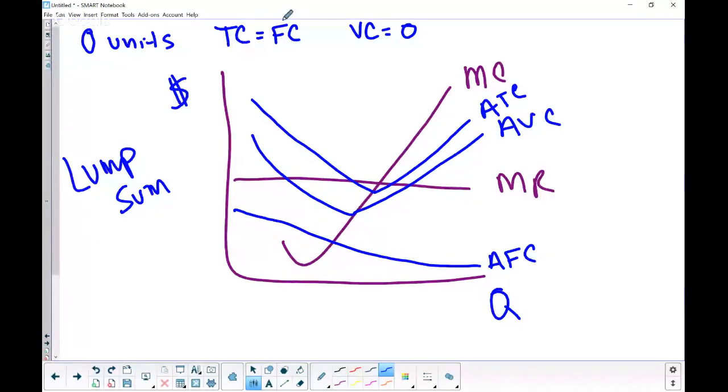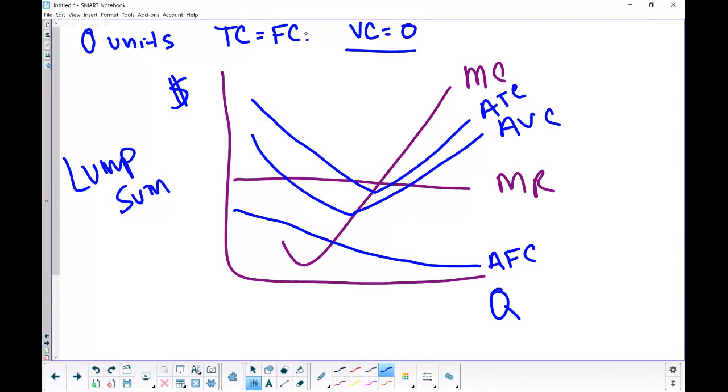All we've bought is basically what our fixed cost is considered, and then that just becomes our total cost at 0 units. So if we get a lump sum tax, what is that going to do to our variable costs? Well, it's not going to do anything to our variable cost because our variable cost at 0 units before we produce is 0. Nothing's going to happen.